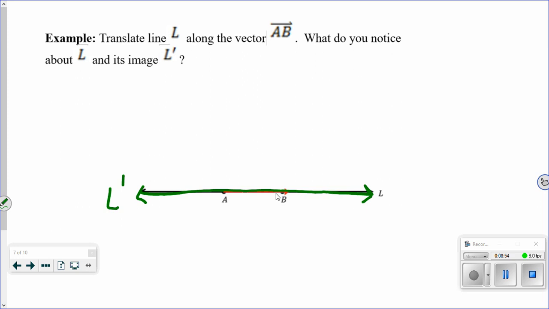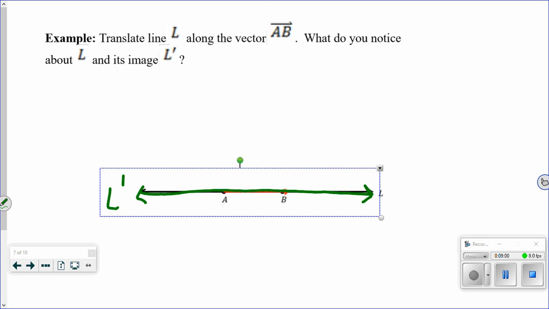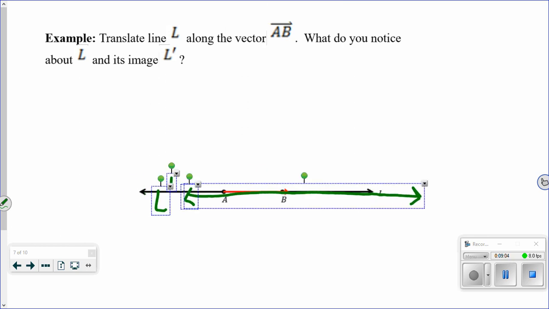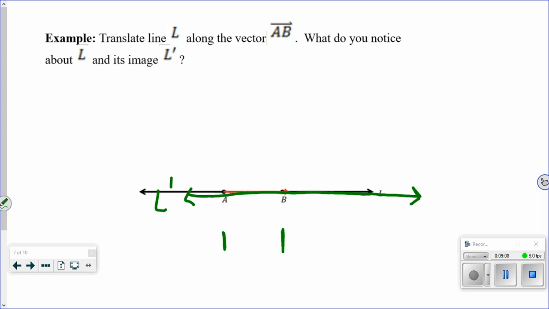Again, vector AB just moves horizontally. So I'm going to go from A and slide it over to B. Okay, all I did was slide it from here to here. What do you notice about line L and line L prime?